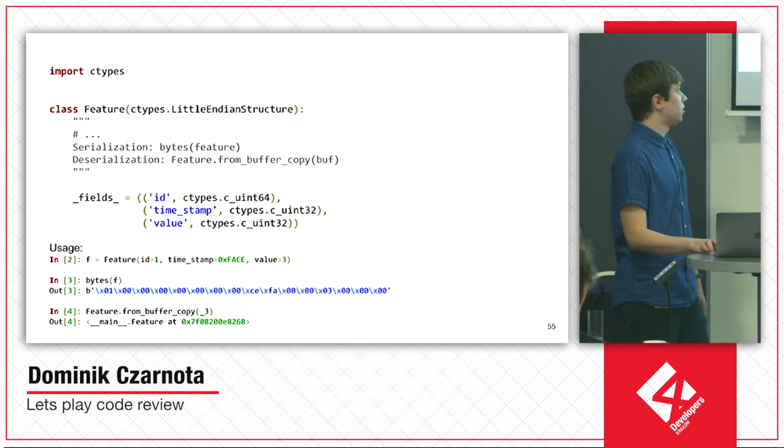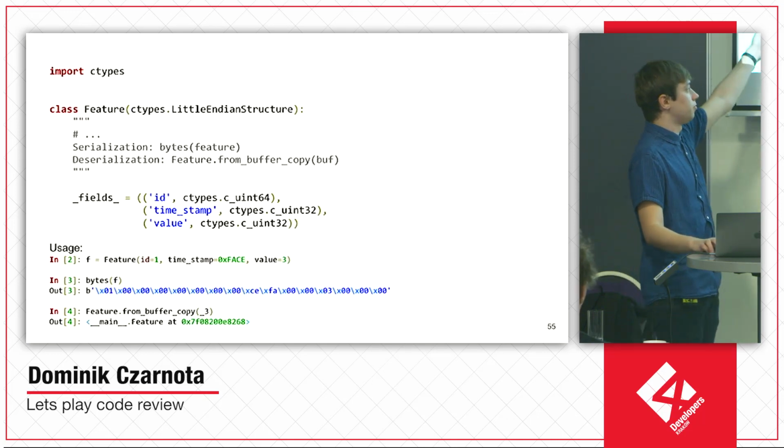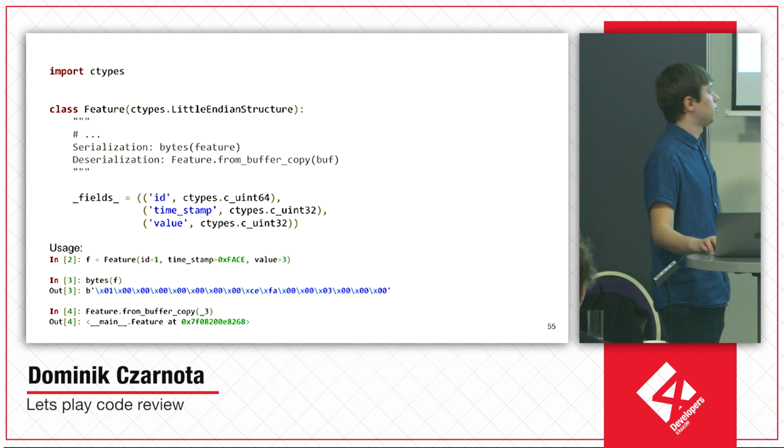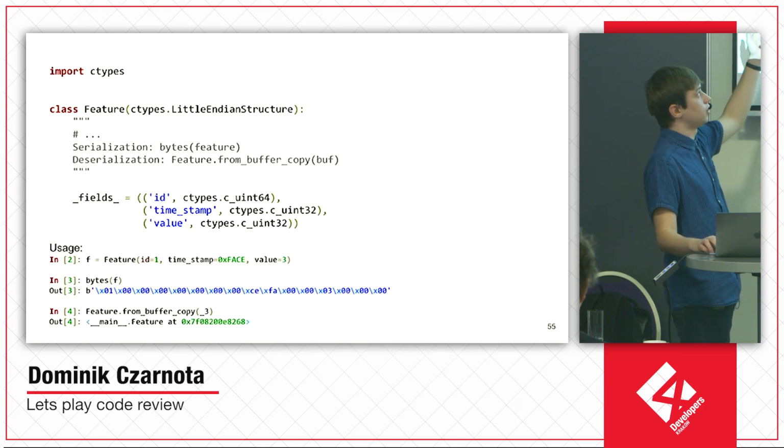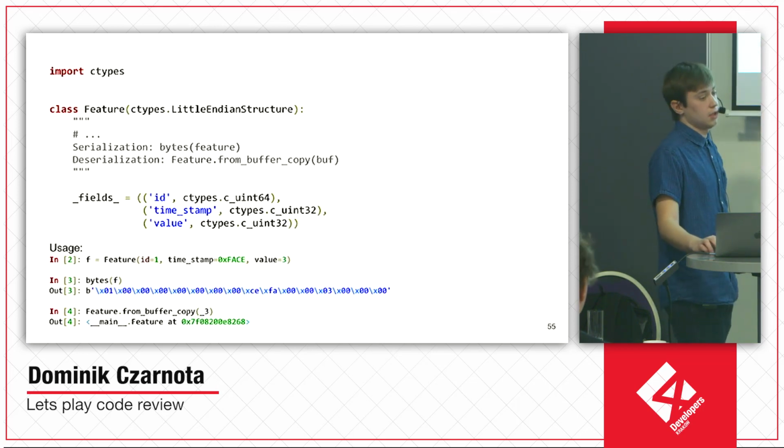So we instantiate the feature here. Then if we want to serialize it, we can just call bytes, and we would get the bytes of it. And if we want to create a feature from bytes, we could do feature.from_buffer_copy, because this method is from ctypes, but it's inherited from the base class.